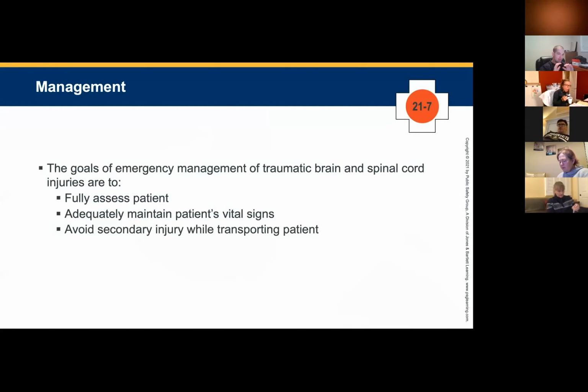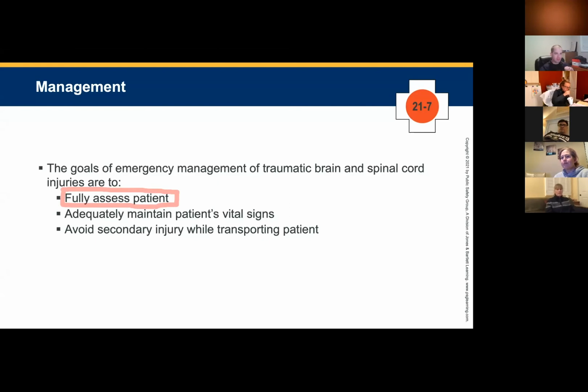Now, I'm going to go on a little soapbox right now, so I apologize. My soapbox focuses on number one. Nothing irritates me more, as a paramedic, than hearing somebody of a lower level, like OEC or EMT, make the comment, there's nothing I can do for you.